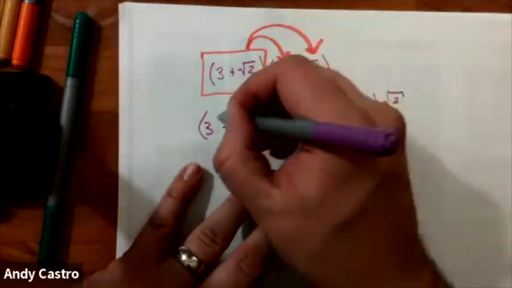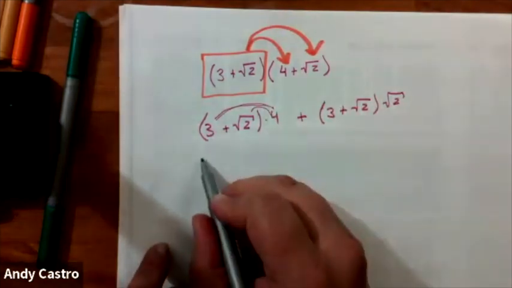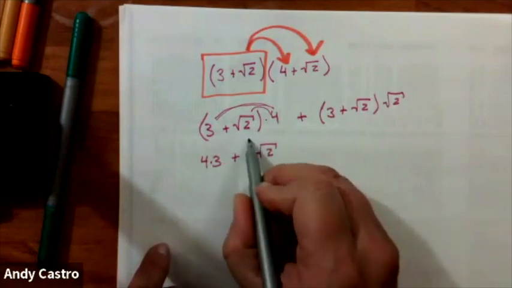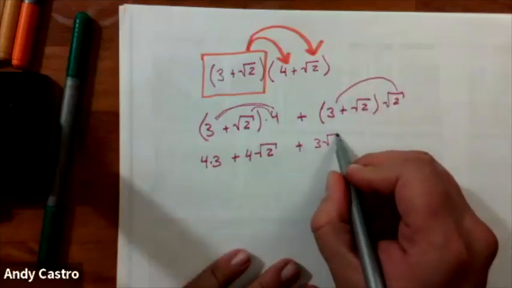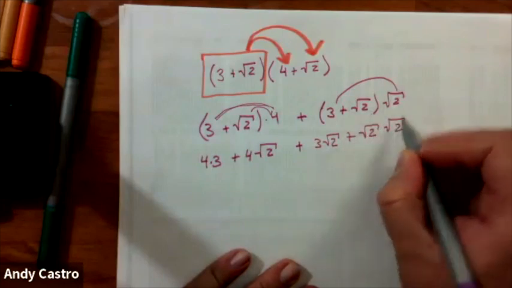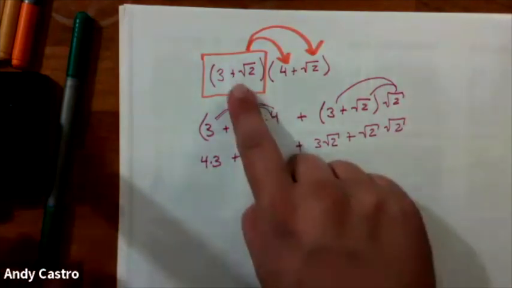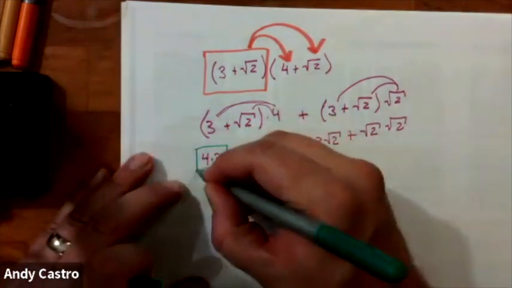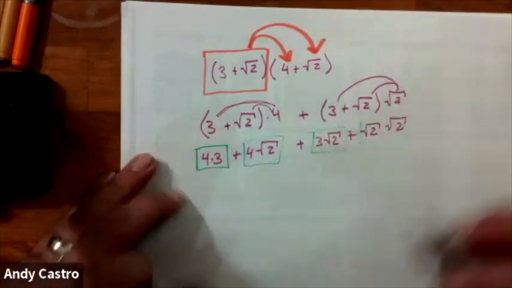Then when I multiply my 4 through, 4 times 3 plus 4 times the square root of 2 plus square root of 2 times 3 plus square root of 2 times square root of 2. So notice when I have two binomials that are multiplied by each other, I end up with 1, 2, 3, 4 terms, okay?